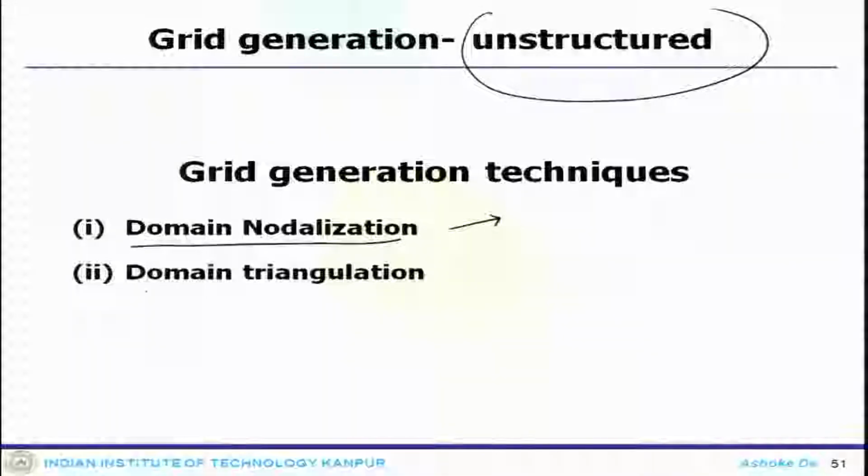Or you can do some triangulation, that means you generate triangular elements, look at the area, and then try to generate the grid. So again, when you try to generate an unstructured grid, your grid generation software takes care of one of these algorithms.